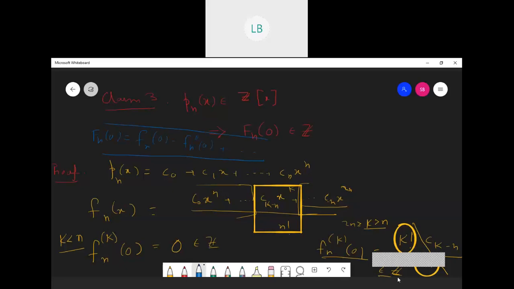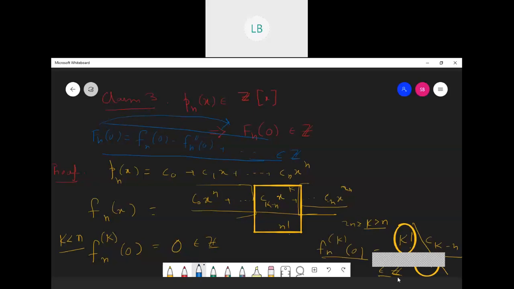So the sum or difference, this linear combination, will be an integer. Thus we prove that capital F_n(0) is an integer if P_n(x) is an integer polynomial. So is claim 3 and its proof clear? Let me know. Clear to all of you? Okay, fine.